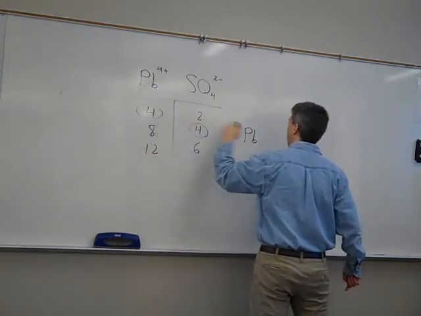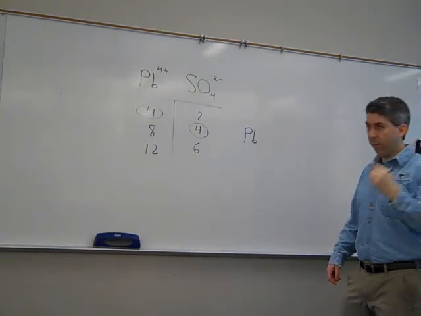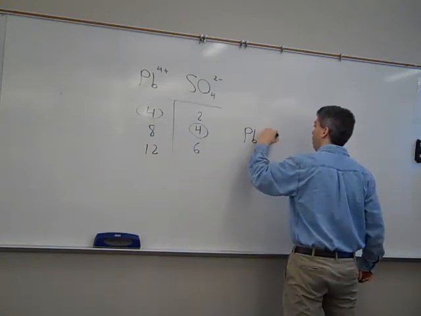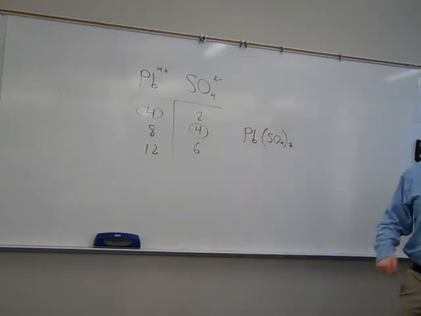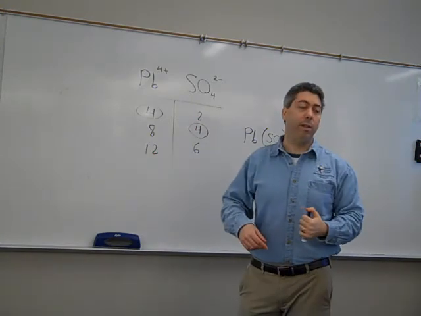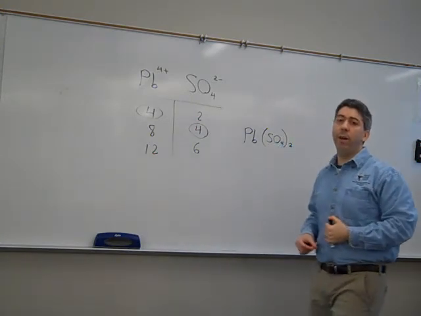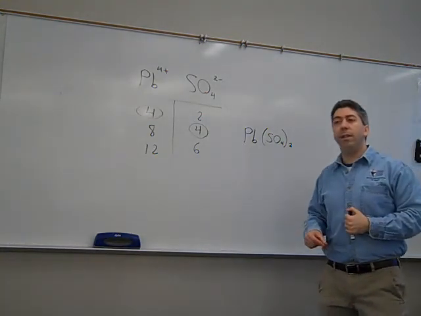And how many sulfates do you need to get a charge of 4? 2. So you got Pb(SO4)2. So that's the formula for that. Notice crossing would not give you that. So if you're going to use crisscross, just be careful because it can bite you if you're not careful.